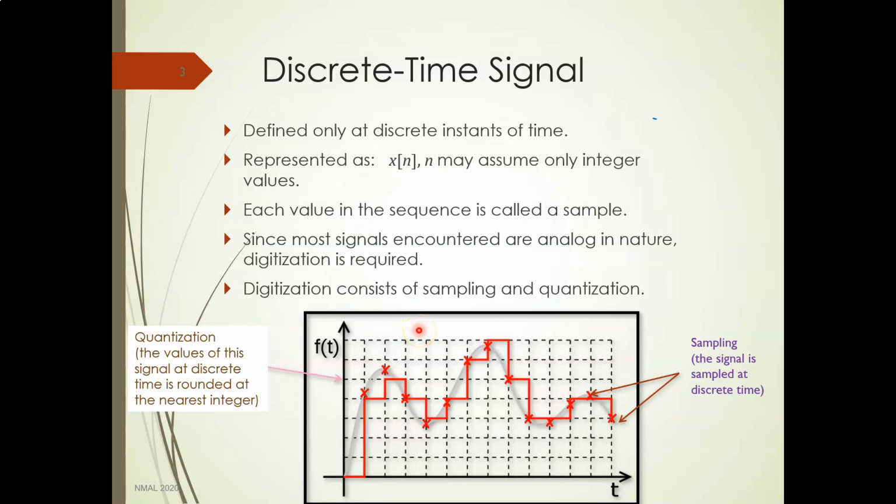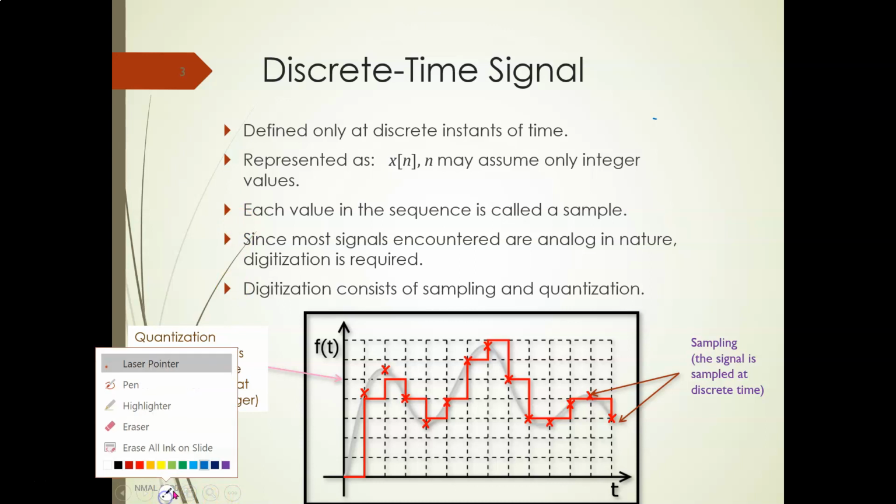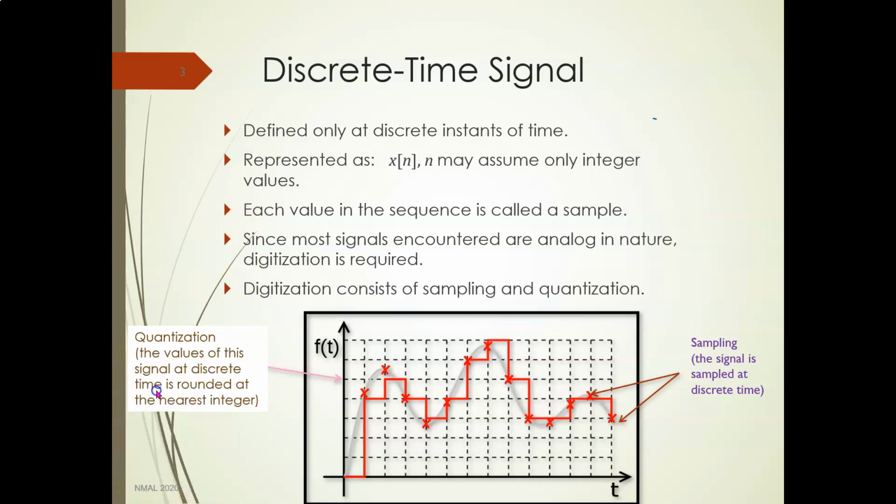A discrete time signal is defined only at discrete instances of time, represented as n, and n may assume only integer values. So if you remember, for continuous time we represent the signal as x(t). For a discrete time signal, we represent the signal as x[n].